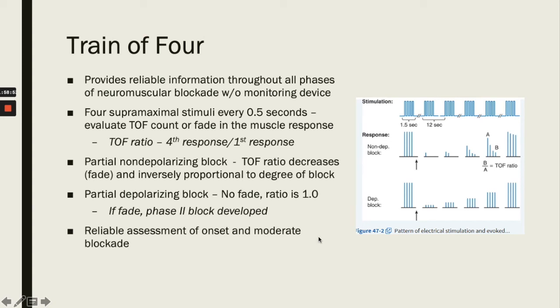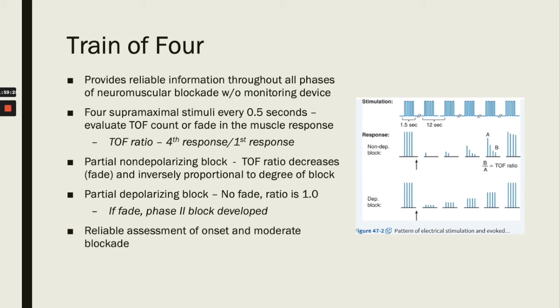In a partial non-depolarizing block, the train of 4 ratio decreases, you see fade, and it is inversely proportional to the degree of block. So with rocuronium or vecuronium, a non-depolarizing block, you could see fade, and it's inversely proportional to the degree of the block.